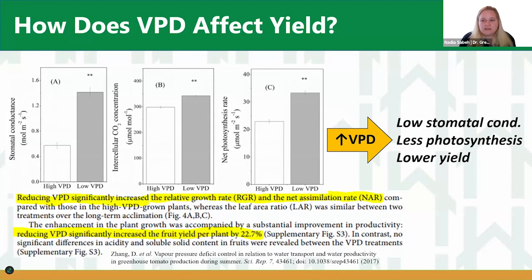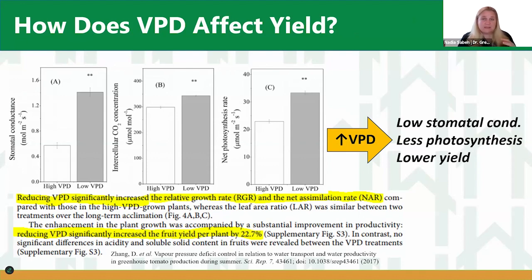How does VPD affect yield? Well, there's a lot of research on a lot of different crops that show that at a high vapor pressure deficit, the stomatal conductance actually decreases. And stomatal conductance is related to gas exchange.